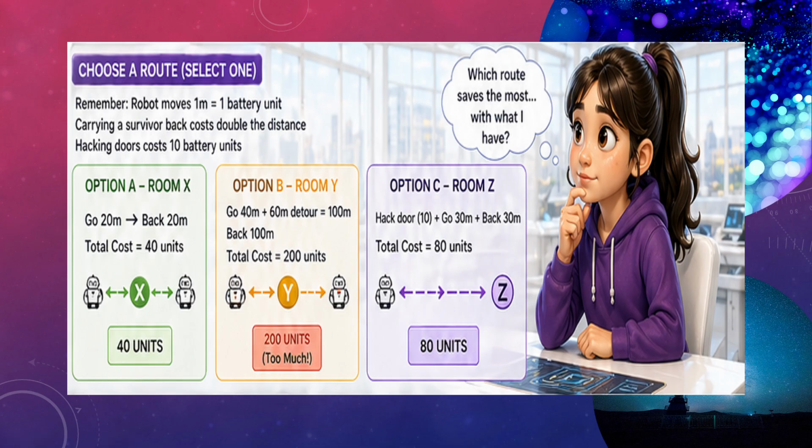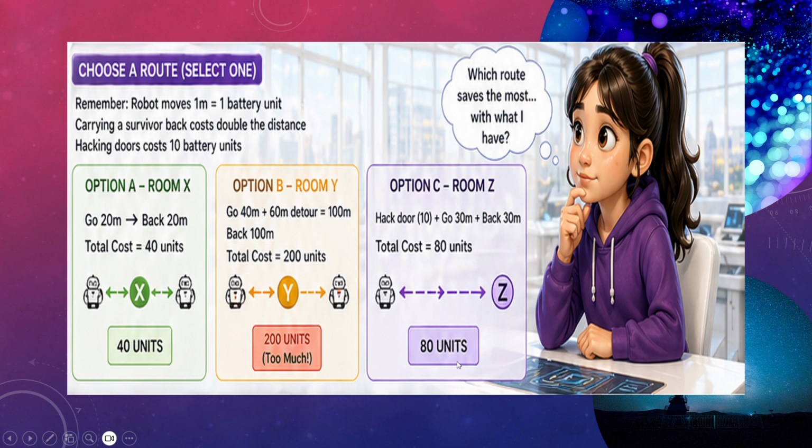Now when you are analyzing this situation, you will see that the robot has 100 units. It can either go save room X or room Z. Here you will utilize 40 units and save 60 units. Here you will utilize 70 units and save 30 units.